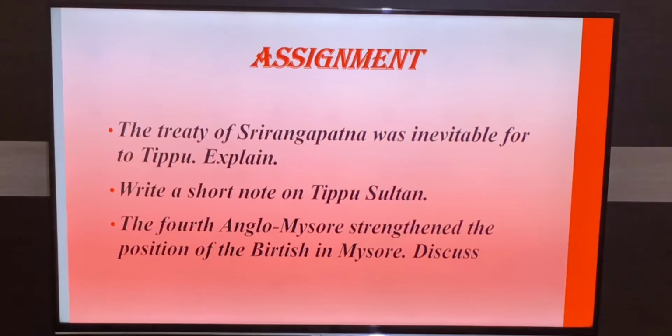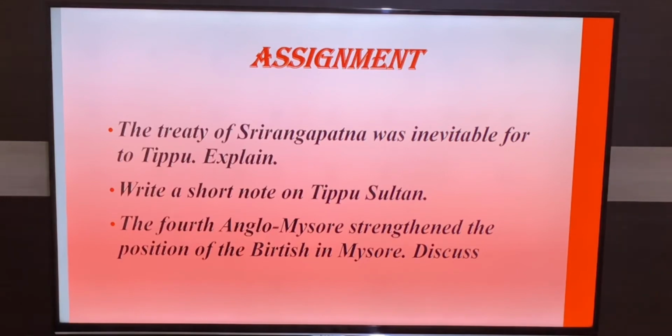Next question. Write a short note on Tipu Sultan. You will write: Tipu was the Mysore ruler. He ruled after his father's death. He waged war against the British for 17 years.